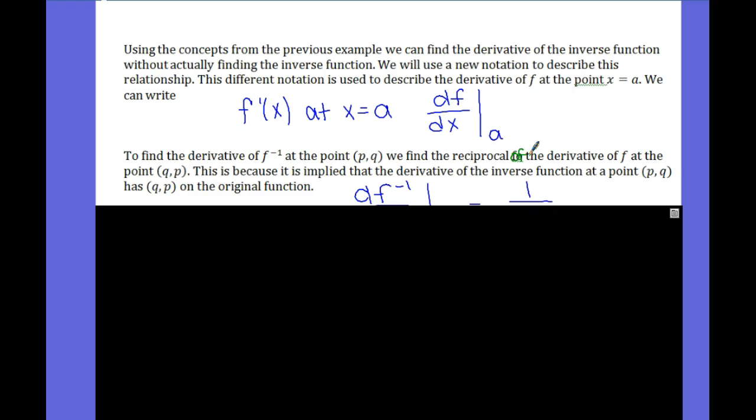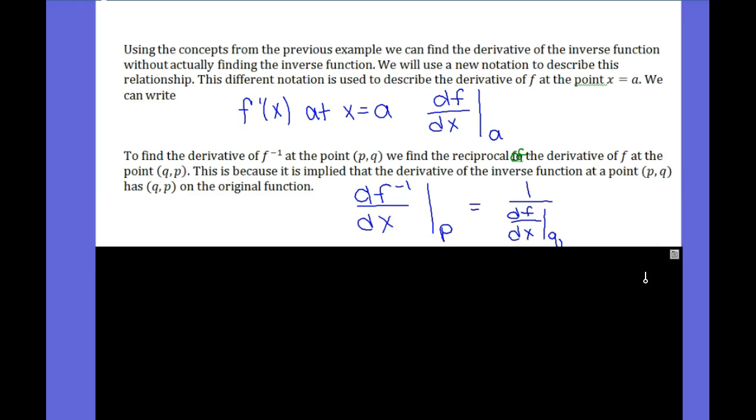That's implied: the derivative of the inverse function at a point (P, Q) has (Q, P) on its original function. So the derivative of the inverse with respect to x at P is like finding 1 over the derivative at Q. So that's the idea that the slope is 4 on the original and becomes 1/4 on the inverse.